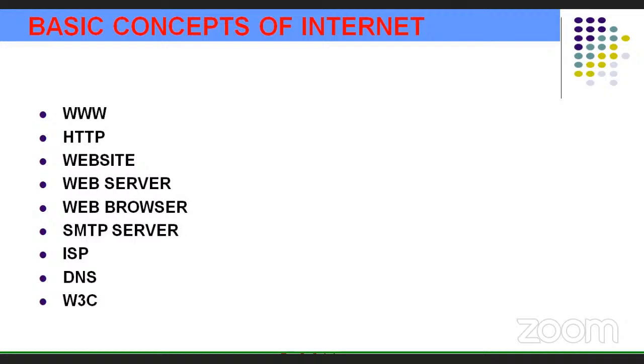Then next one is W3C. W3C stands for World Wide Web Consortium, an international consortium of companies involved with the internet and web. The W3C was founded in 1994 by Tim Berners-Lee, the original architect of the World Wide Web. The organization's purpose is to develop open standards so that the web evolves in a single direction rather than being splintered among competing factions.